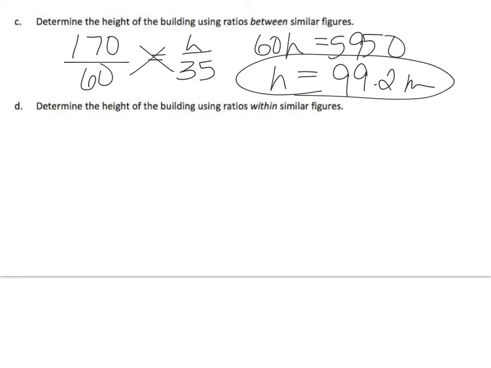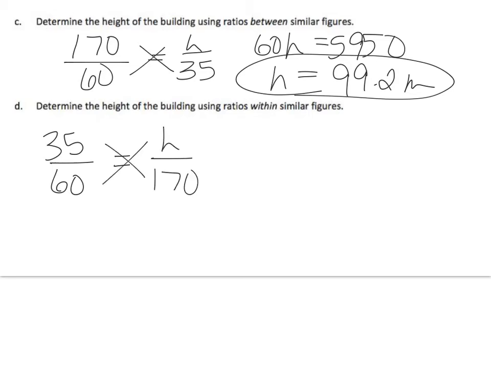Determine the height of the building using ratios within similar figures. So I'm just going to set up the small triangle equals big triangle. So in the small triangle, I would have 35 over 60, and you still have the picture in front of you. That's the small triangle, and then the big triangle would be h over 170.